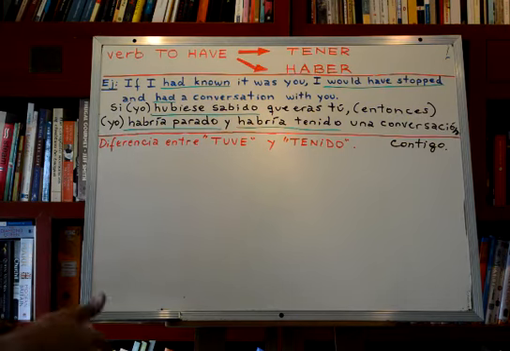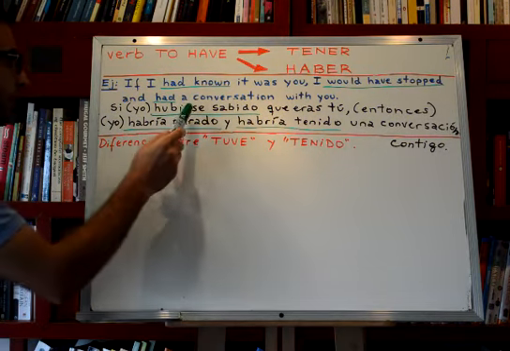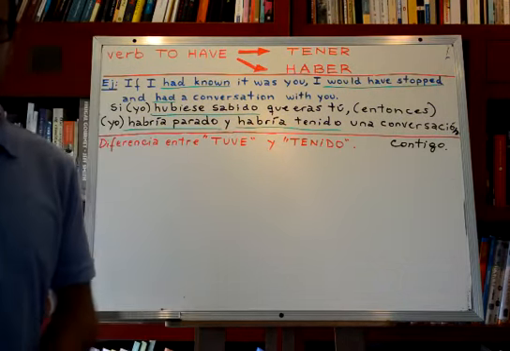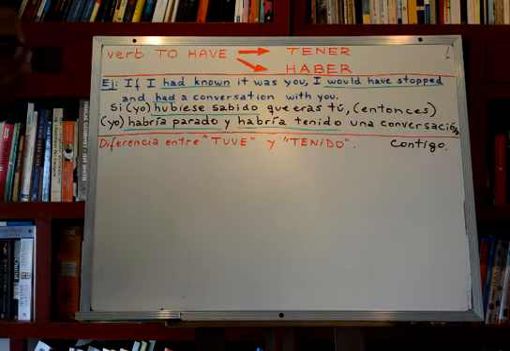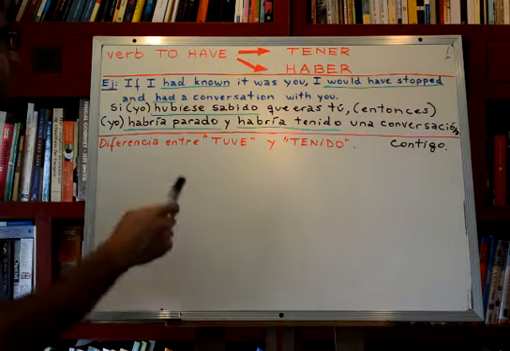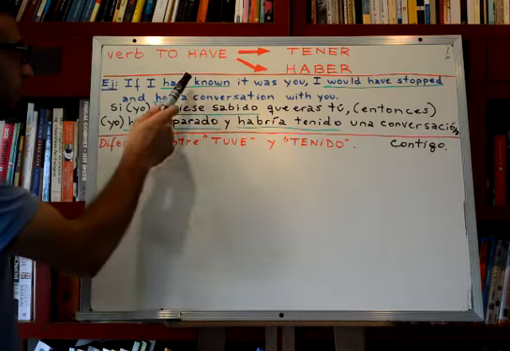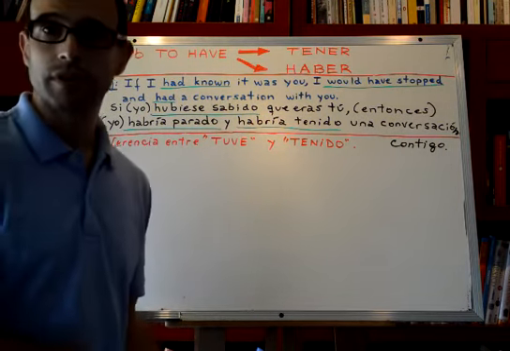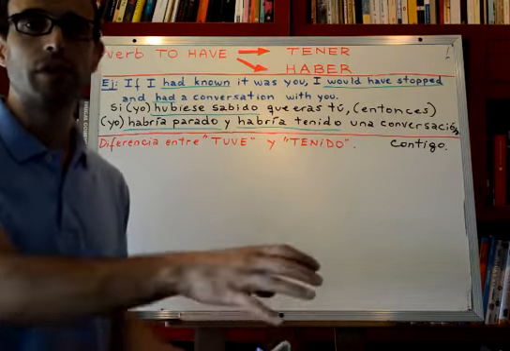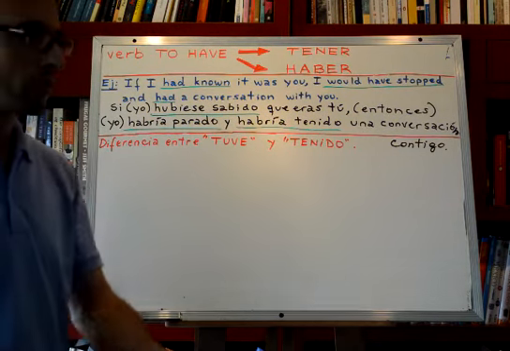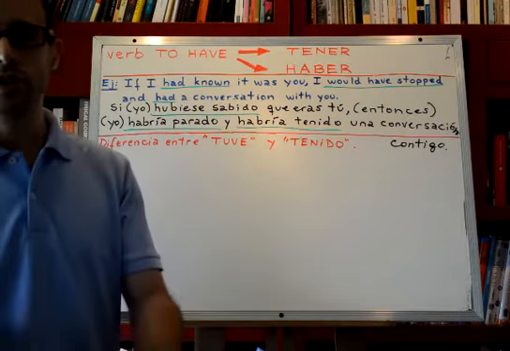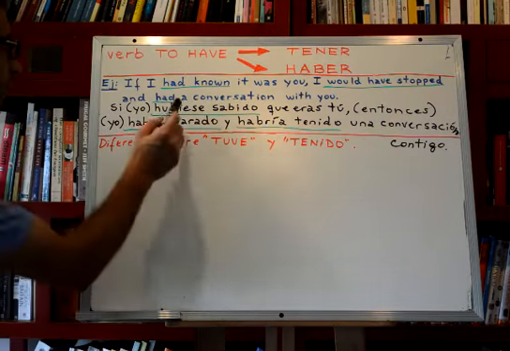So these, hubiese and habría, are conditional conjugation tenses, right? Spanish has a few more conjugation tenses than English. So here had is the same conjugation in English as simple past, okay? So in English some tenses repeat themselves for different situations. Spanish has more tenses, so we have some tenses that are exclusively for certain types of conditional sentences. This is one of them.